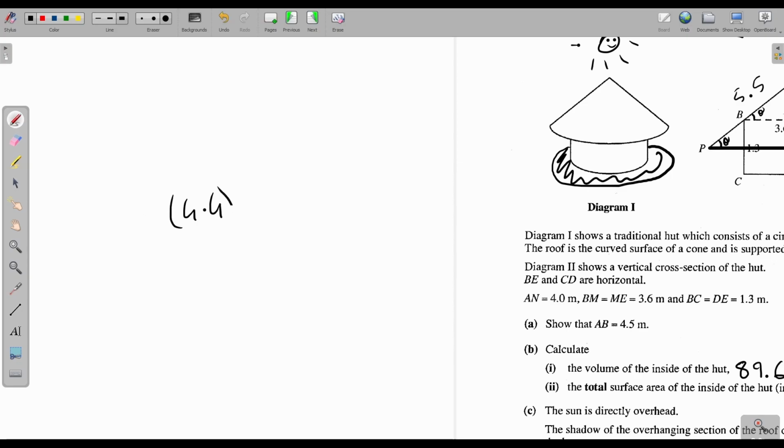So 3.142 times 4.4 squared gives us the entire area, including the hut, and then minus that from 3.142 times 3.6 squared, which was the area of the inside of the hut. And that should give us our answer.